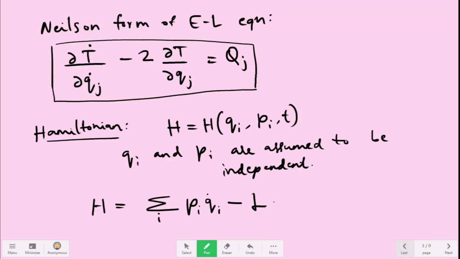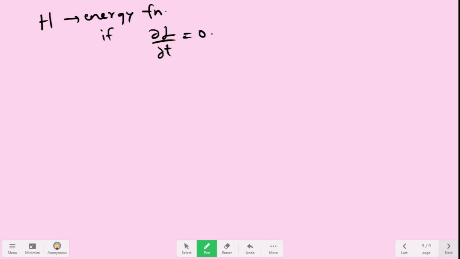If you take the partial derivative of H with respect to time, you will get ∂H/∂t is equal to minus ∂L/∂t.